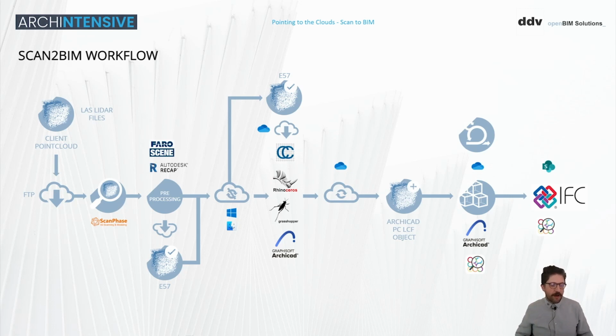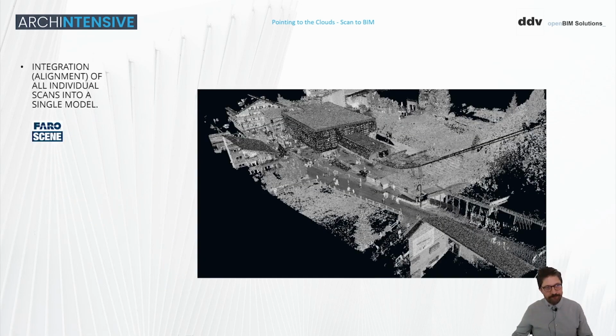I will show you which part, and the other is already prepared to start working within the Graphisoft Archicad environment. Once everything is set up, you can start modeling, and this is what we will show you today. And at the end of this process, what you will deliver is, in our case, IFC models.